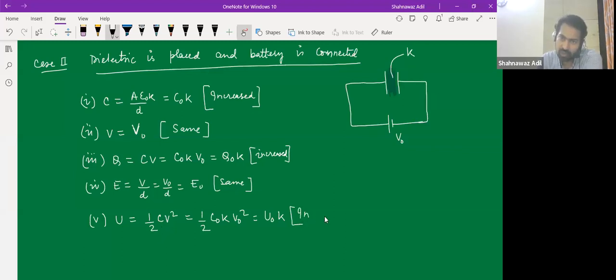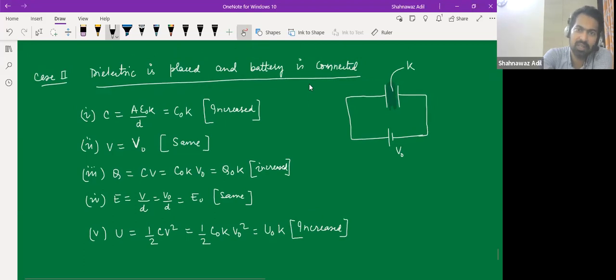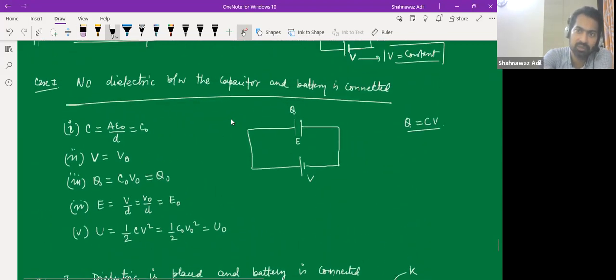Right, good. So whenever we place a dielectric in a closed circuit, the capacitance, charge and energy will all increase. Is this clear, everyone? Okay, so please note it down and then we'll do the third case.